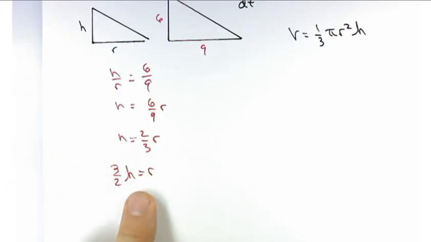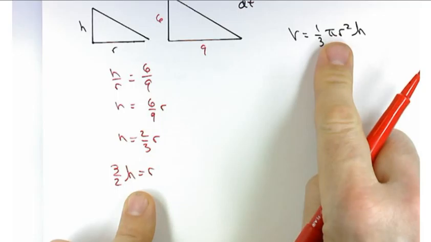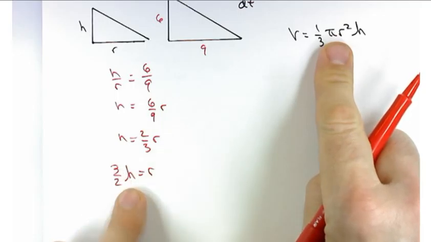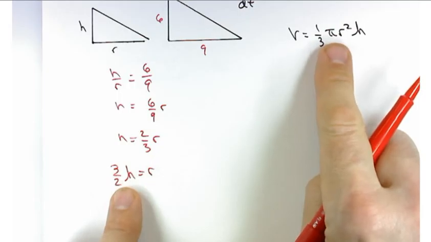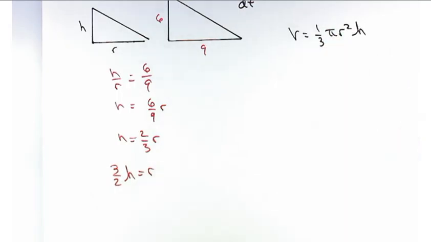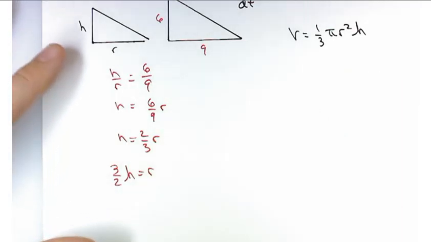And the reason for that is that I can take my volume formula here and replace r by 3/2 h. And then this volume formula will depend exclusively on h. So let's do that.